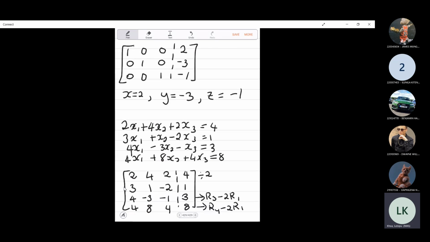And then here I could multiply row 1 by 3 over 2 and then subtract it from this one. So we say row 2 minus 3 over 2 row 1. Then I work this out. Let me just copy this to the next page.